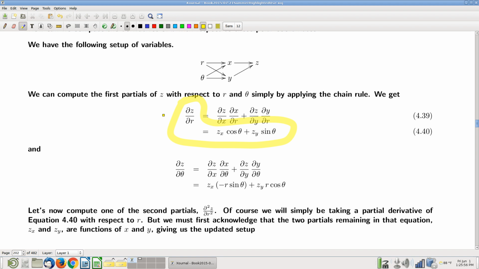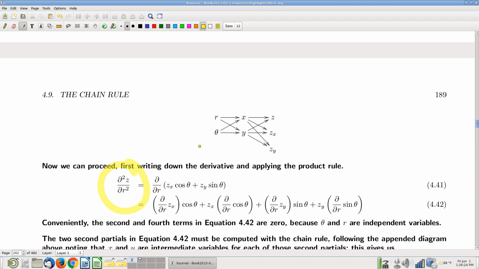As we've previously discussed, if z is a function of x and y, just imagine some expression involving x's and y's. If you have some big expression involving x's and y's and you take a derivative with respect to x, you're going to get a different expression in terms of x's and y's. So this thing, like z, is a function of x and y. And likewise, this is a function of x and y. So I append the diagram accordingly.